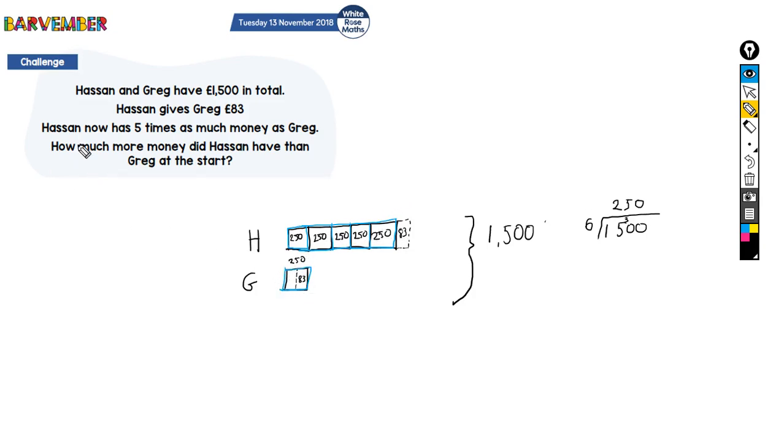What it's asking is how much more money did Hassan have than Greg at the start? So we need to know how much did they have at the beginning. So at the beginning, Hassan had 1, 2, 3, 4, 5 times 250, plus the 83. So 5 times 250 is 1,250.